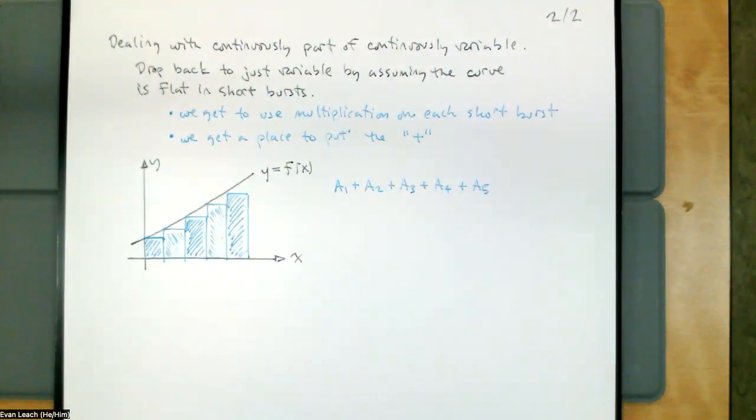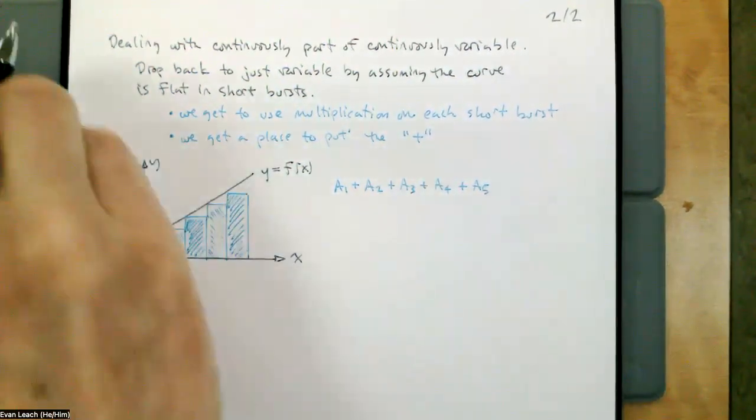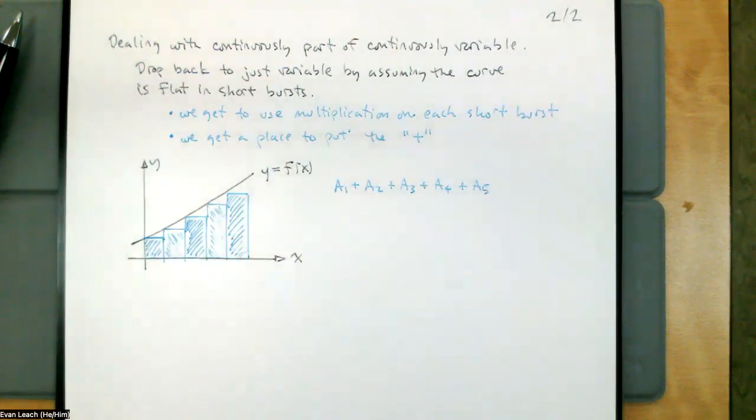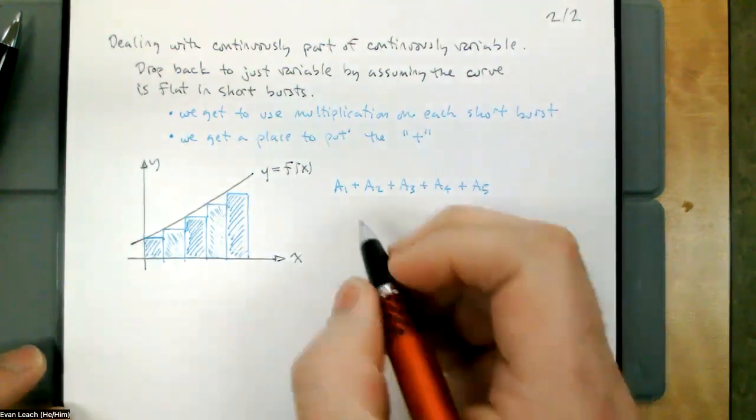So we get to use length times width. Now, when we make an approximation method, we have to come up with how to improve the approximation. And in this case, we'll just use shorter bursts to improve the approximation.